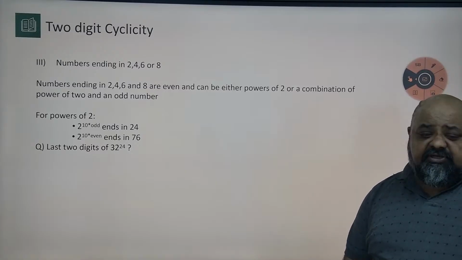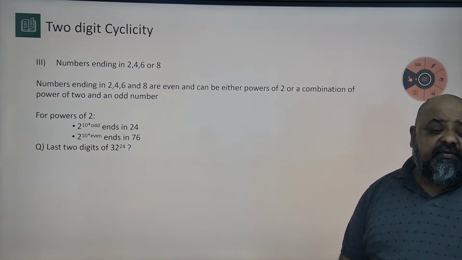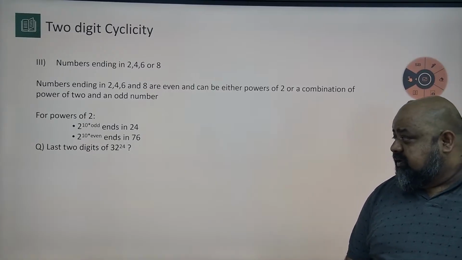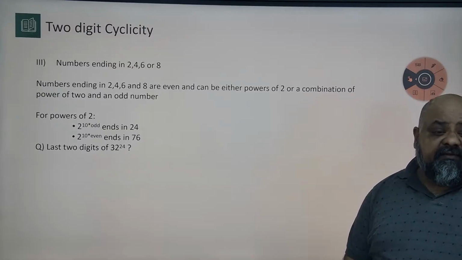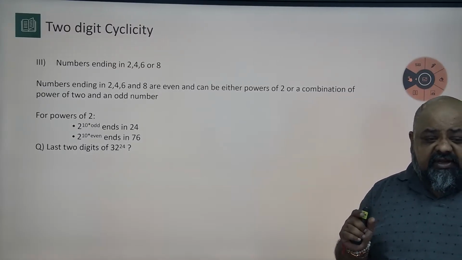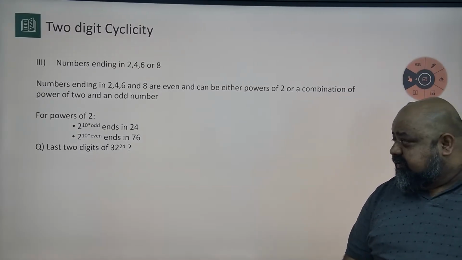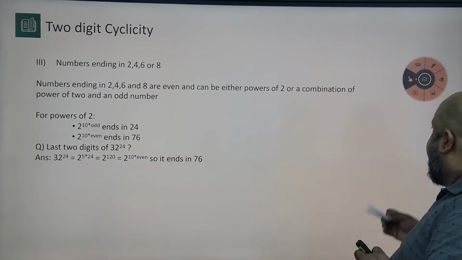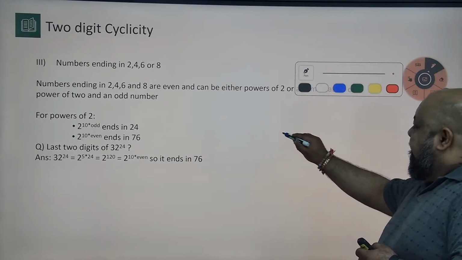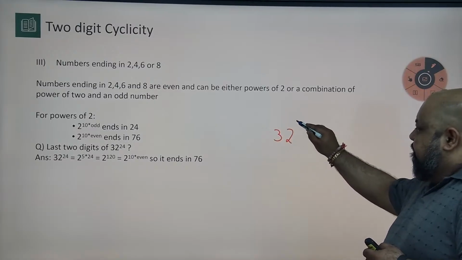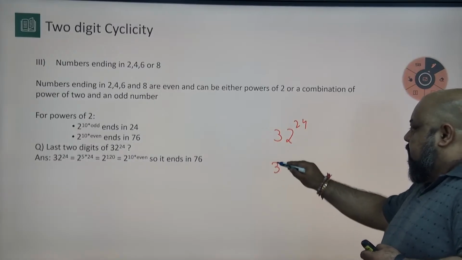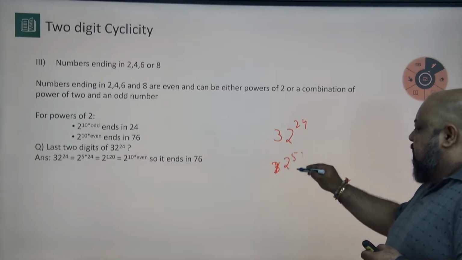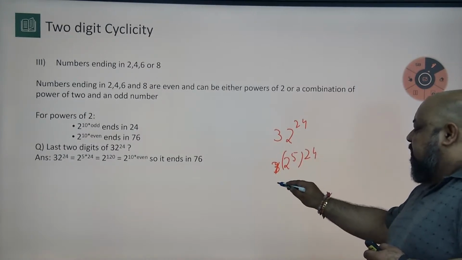Suppose we have to find out the last two digits of 32 raised to power 24. So first I'll reduce 32 into 2 raised to power 5. So 32 raised to power 24 now becomes 2 raised to power 5, outside of bracket 24.